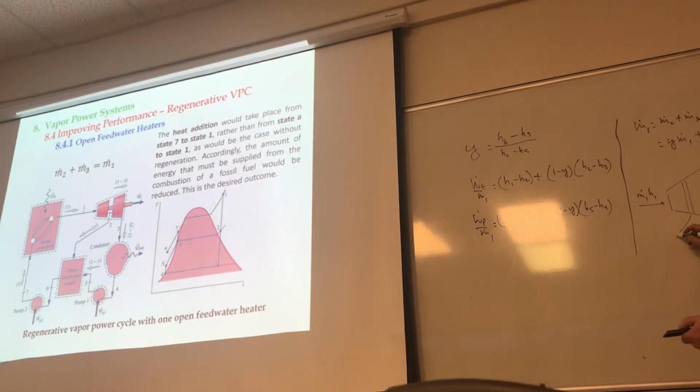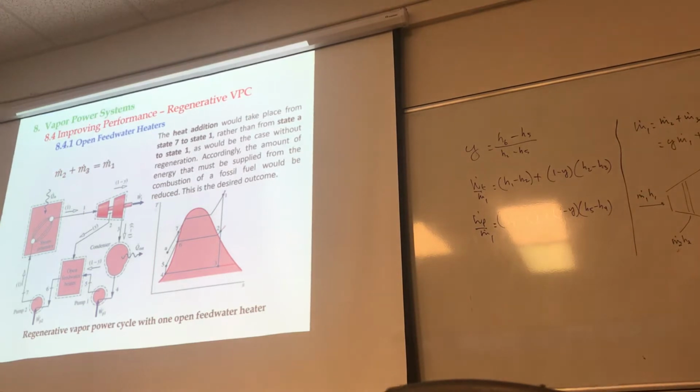You got m dot 2, which is m dot 2 times h2, that's leaving the system, right? And then here you have m dot 3 times h3. m dot 3 is just m dot 1 minus m dot 2, right? Yes.